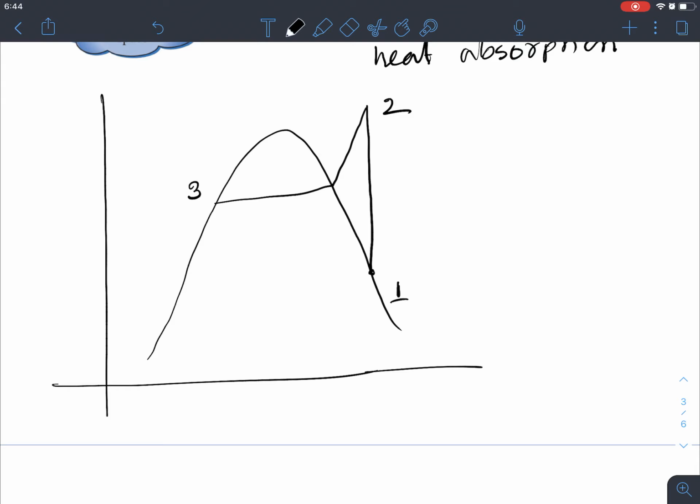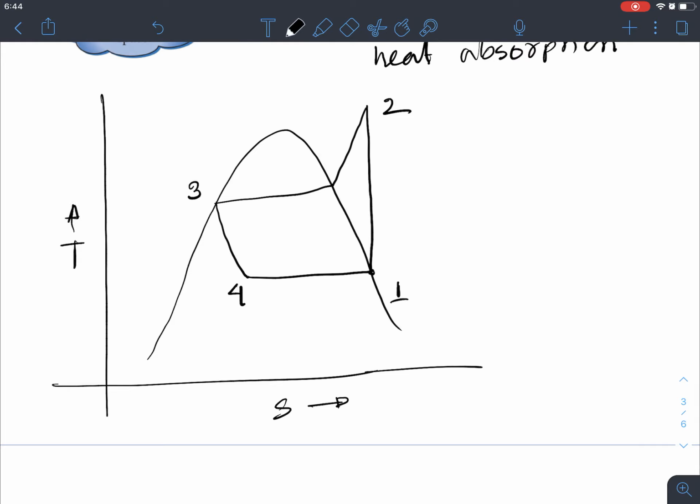And then 3 to 4 is the expansion through the throttling valve, right? So it will be like this. It is not an isentropic expansion, so that's why this line is curved, right? So 3 to 4. Okay, so that's the ideal TS diagram of the vapor compression refrigeration cycle.